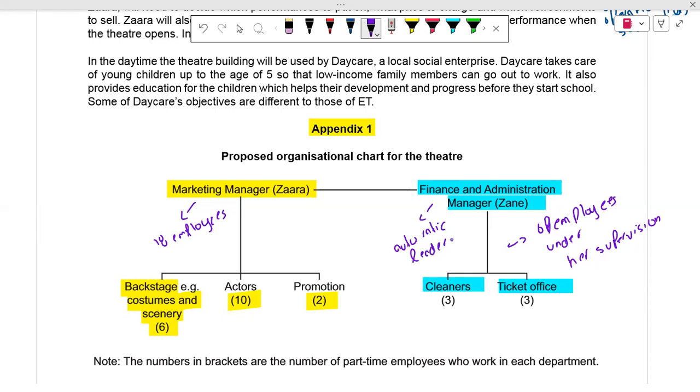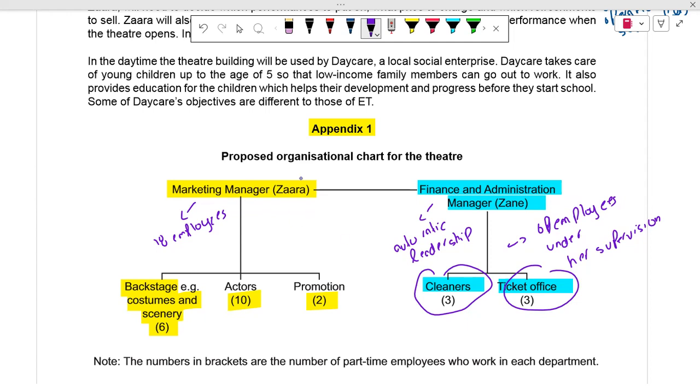Why? Because the nature of the work of these employees is that you just need to command the cleaners and ticket office. Basically, Zane should not empower the cleaners and ticket office because their work is so simple.